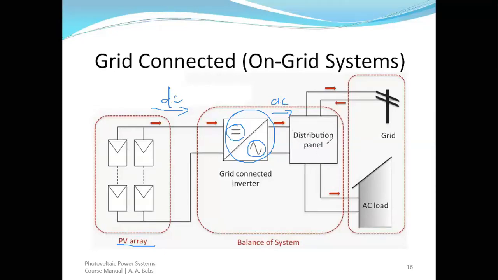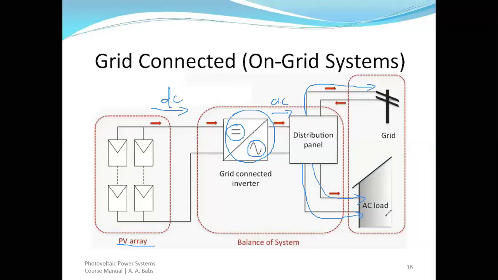From the distribution panel of the user, the energy is then supplied to the grid. So what goes to the grid goes this way, to the grid. And what goes directly to the user from the distribution panel comes this way, directly to the user to supply the AC loads.